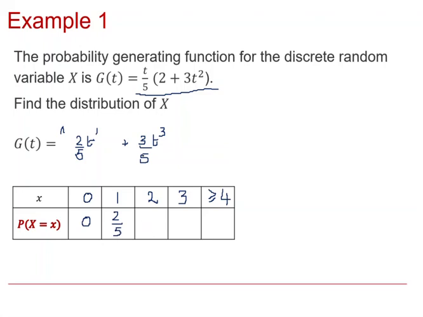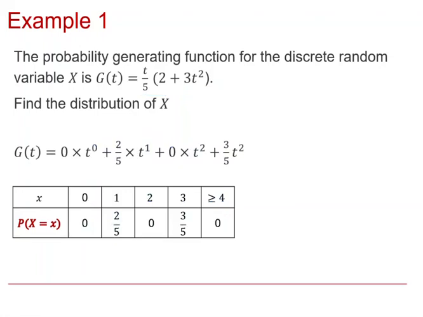The coefficient of t squared, again, there is no term in t squared, so the coefficient is 0. The coefficient of t cubed is 3/5, so the probability x equals 3 is 3/5, and there are no other terms. And so just by considering the generating function, we can write down the exact nature of the distribution of x. And here it is summarized for you.